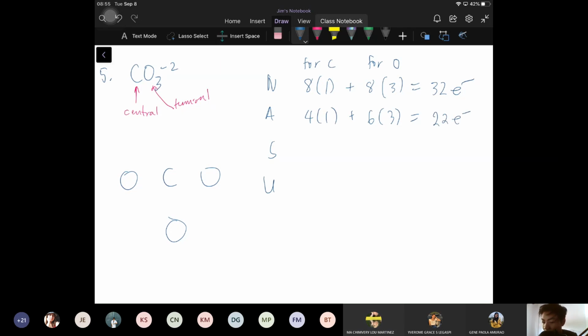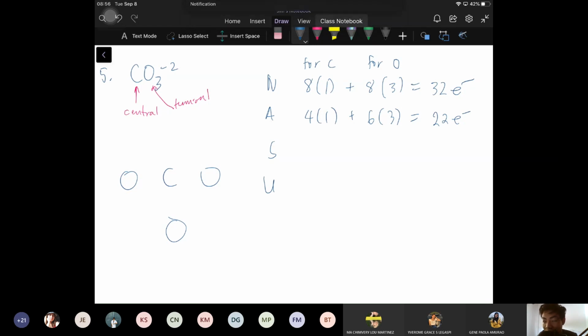So, okay na ba tayo sa available? Or do I have to do something pa? Ay, sige pa. Kasi tignan mo yung molecule mo. This is negative 2, di ba? Again, when your molecule is negatively charged, that means there is an excess electron.